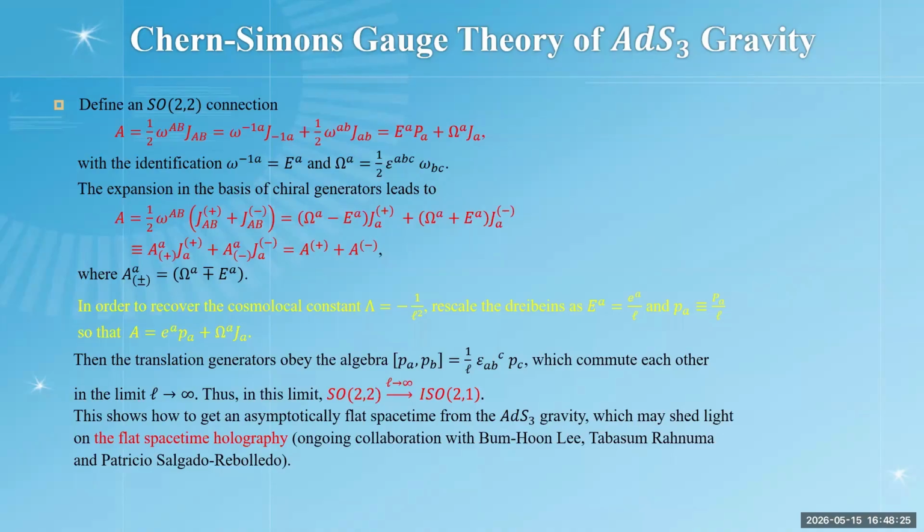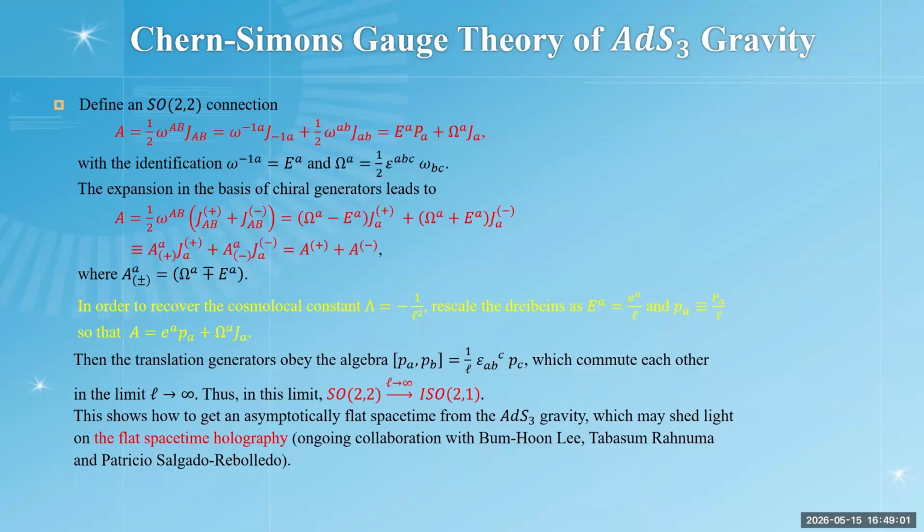But here, because this SO(2,2) is the underlying space of AdS3, and AdS3 has a cosmological constant lambda, so 1 over L squared, and L is basically the radius of AdS3. So in order to recover this parameter, we need to scale the dreibein like this. And then the momentum operator is also scaled like this, but then we don't have any change here.